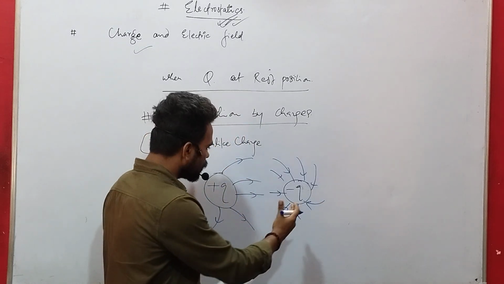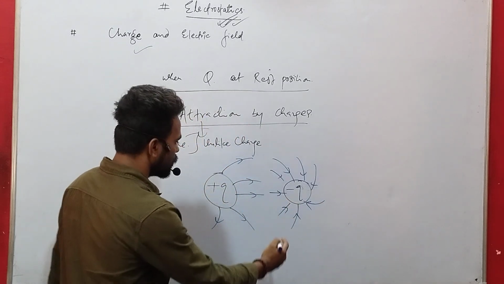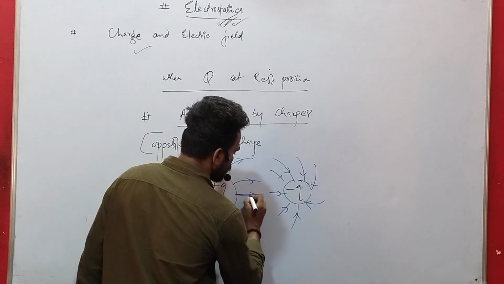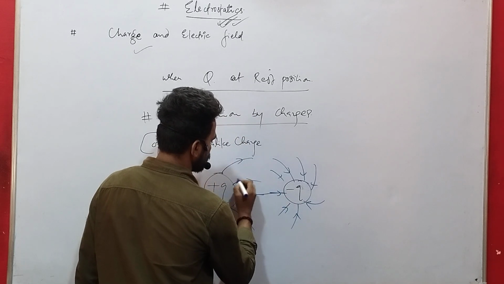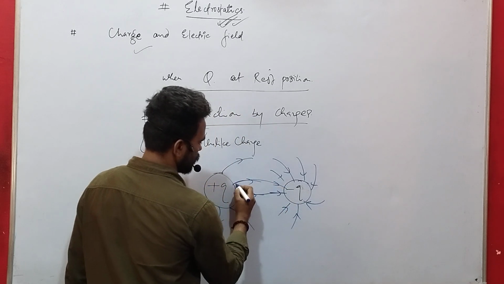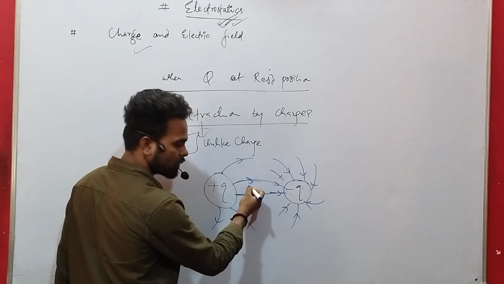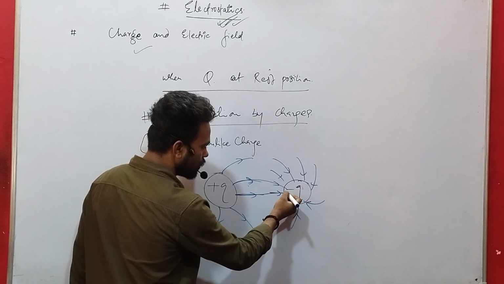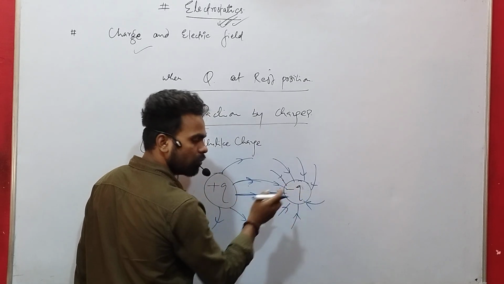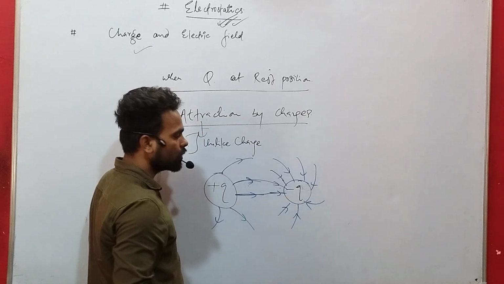When both charges come closer, the electric field lines join to each other. Outward direction from the positive charge, inward direction at the negative charge.